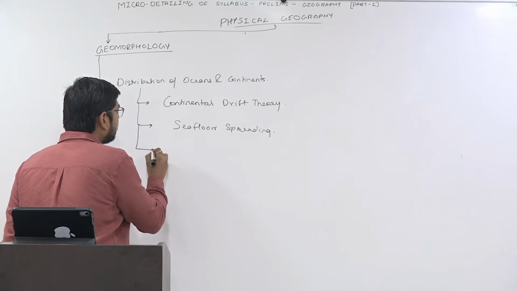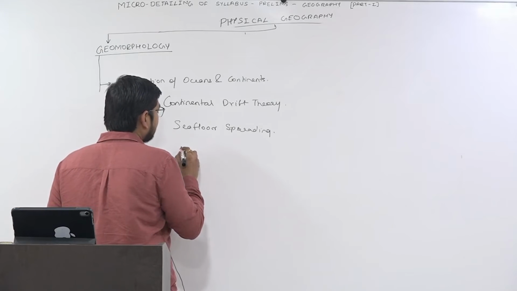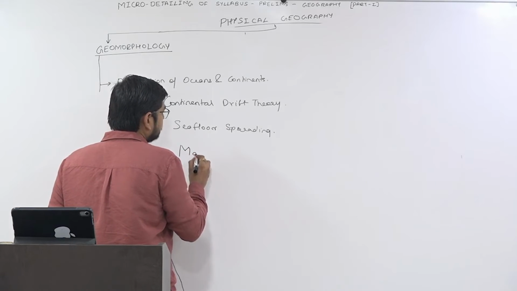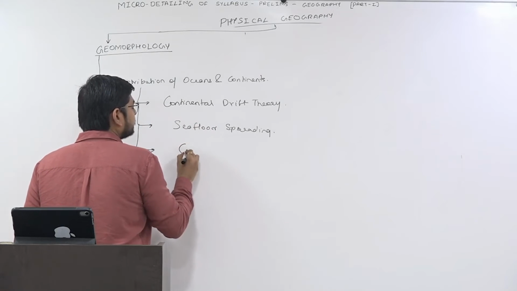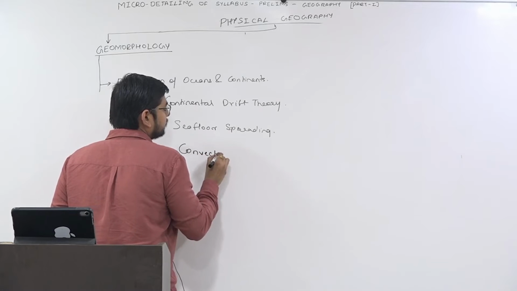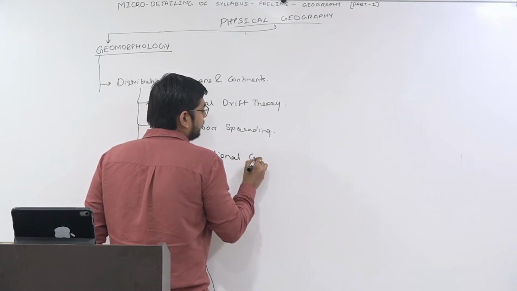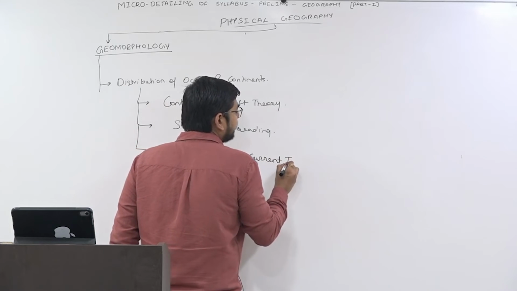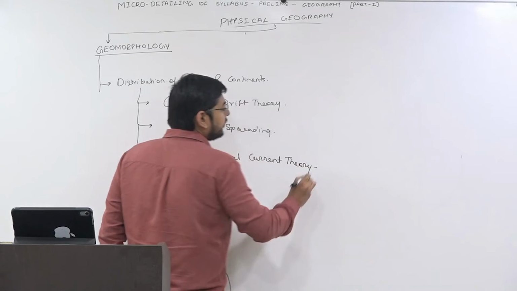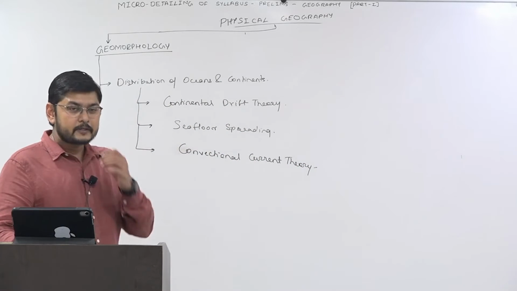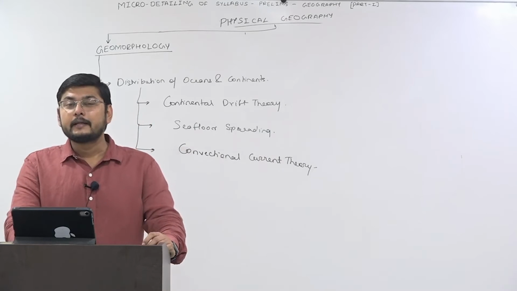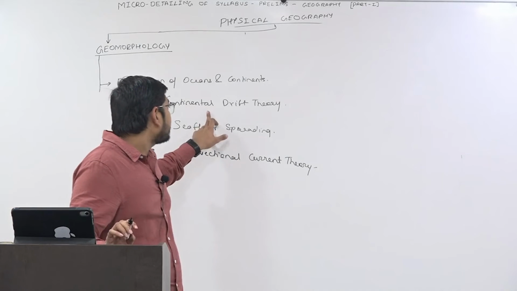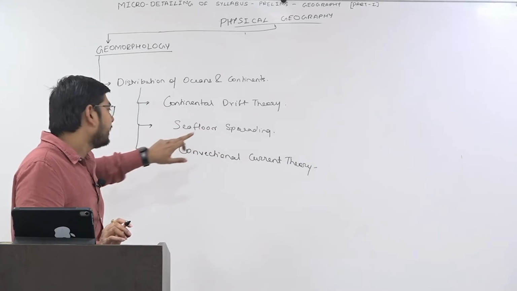Then after sea floor, we'll be looking at the convectional current theory. Here we'll be understanding what the different convectional currents are, and how they have played an important role in understanding continental drift and sea floor spreading.